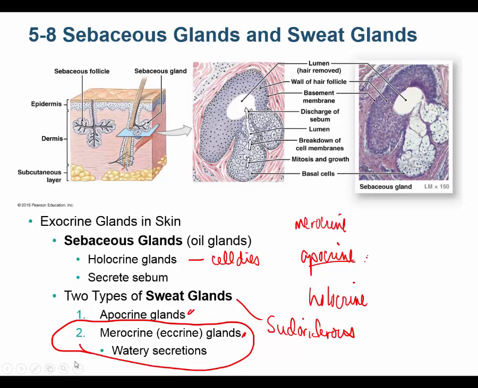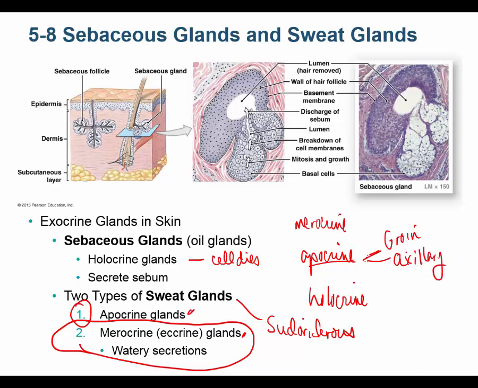So why do we still call sweat glands the apocrine type and the merocrine type? Because as it turns out, the apocrine type of sweat glands that really secrete by the merocrine mechanism are different. They secrete a different product. They are found in the groin, and they are found in the axilla, your armpit area. So the groin and the axilla.